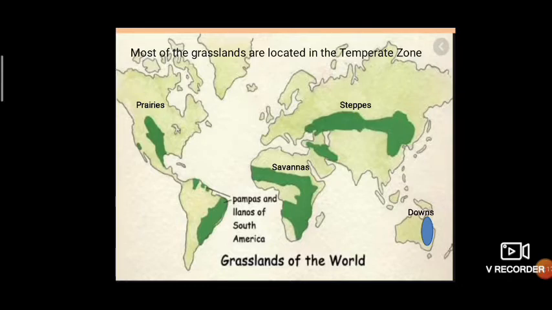I have collected some images to show you. So in the next slides you can see those images also, where you can see a land where for miles and miles there are only grasses. Hardly will you see any trees.